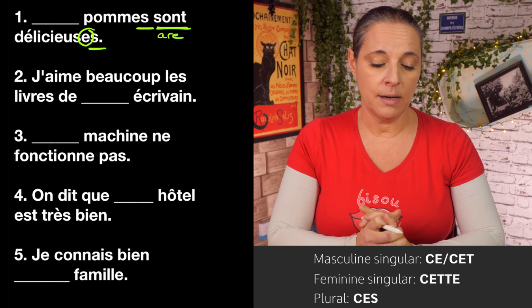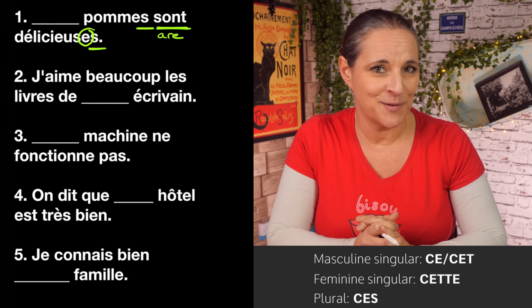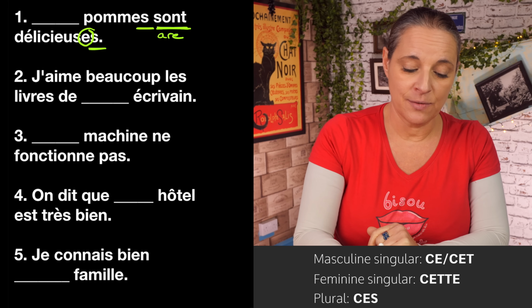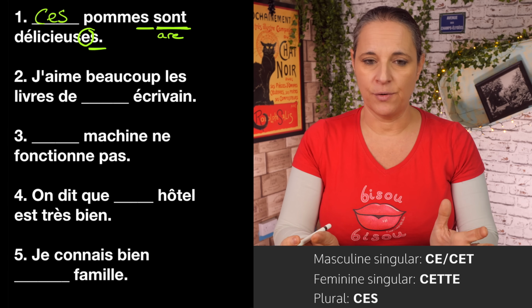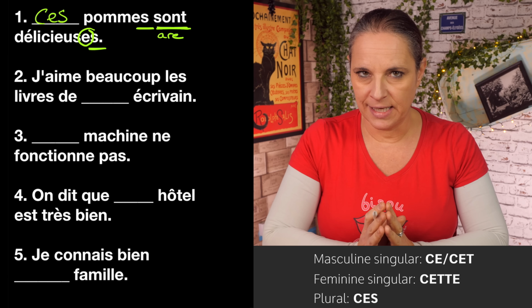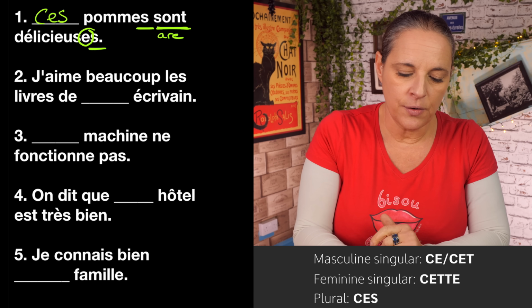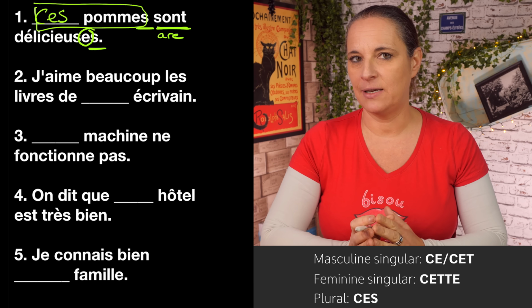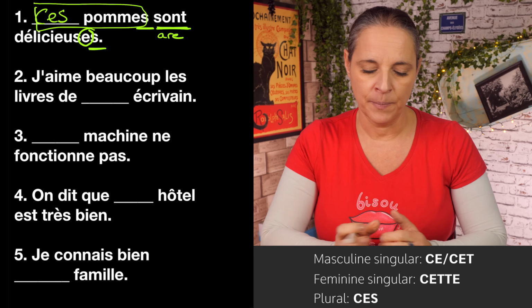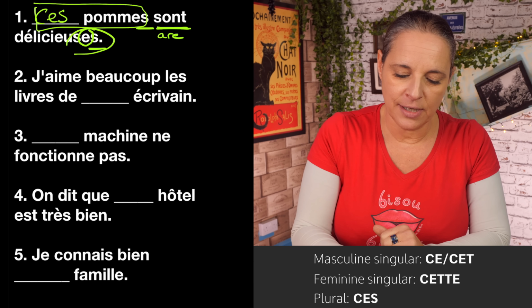Well, no, because it has an S, okay? So it is going to be ces. Ces pommes, that refers to a plural. Ces pommes sont délicieuses, okay? So if you look at the words ces pommes, it doesn't really indicate whether it's feminine or masculine, but it has a gender. That is what's going to give it away.